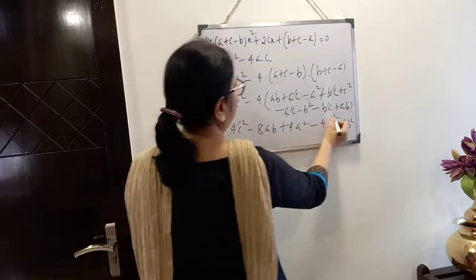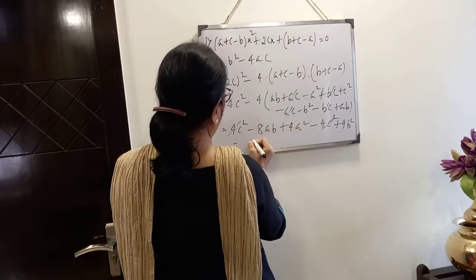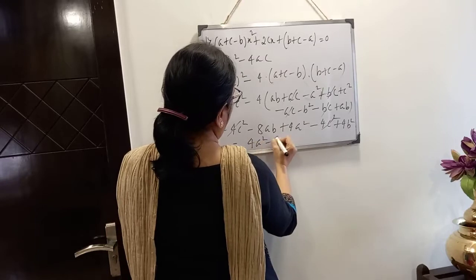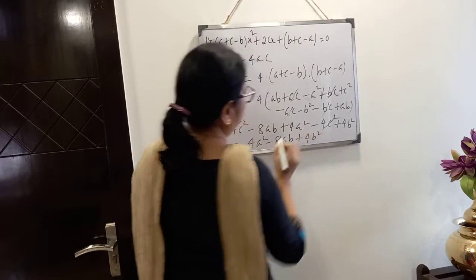Now this and this cancel out. Now 4a square minus 8ab plus 4b square.